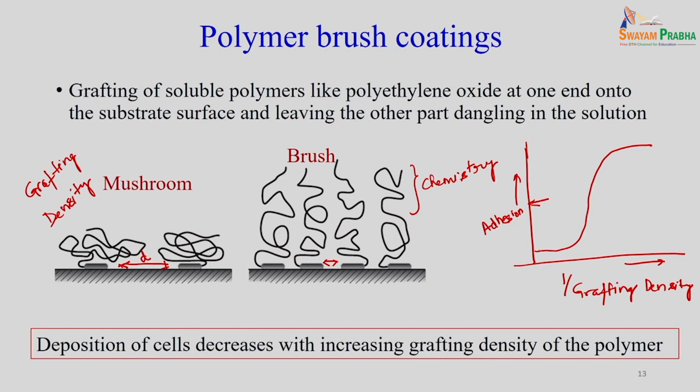So, let us say if this was the point, the surface excess in the absence of grafting. When we grafted more, so here we have minimized. 1 upon grafting density means here we are having the maximum grafting. In that case, the adhesion is minimized, but at the same time, if you go further in this region, this adhesion is higher than that without grafting.